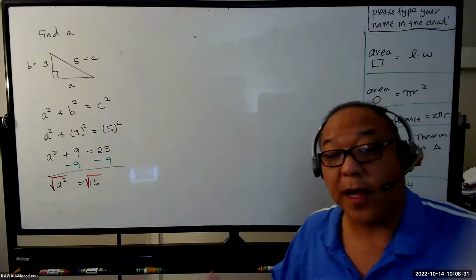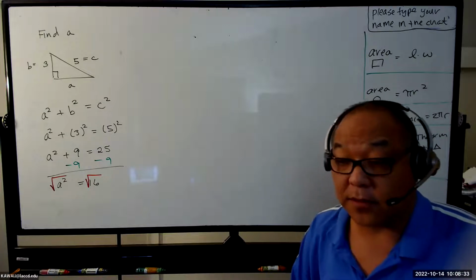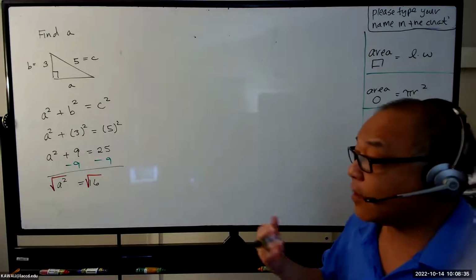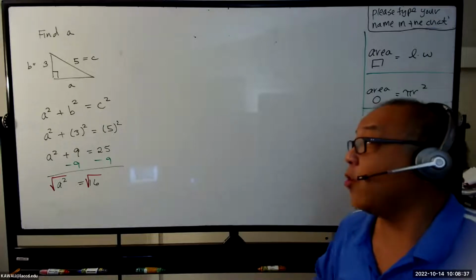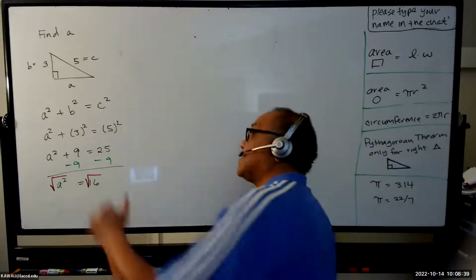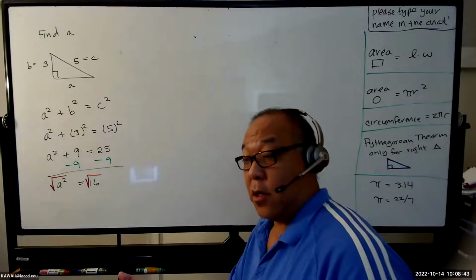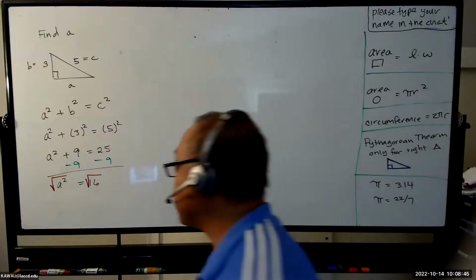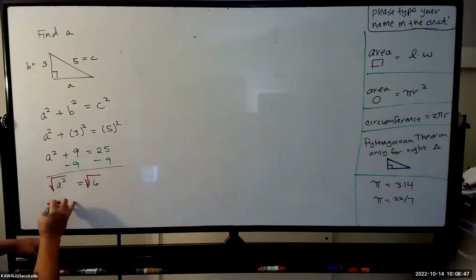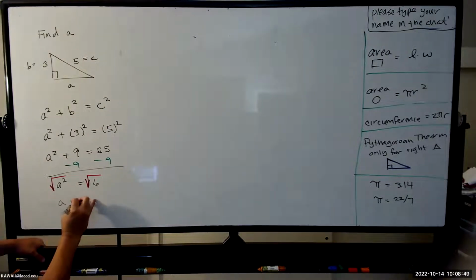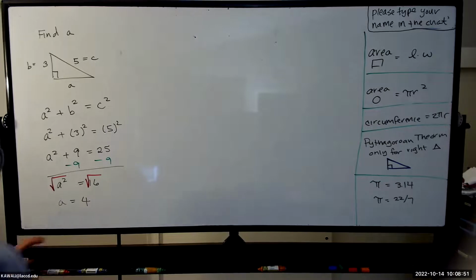You would say 2 miles. You would not say -2 miles. So whenever we're talking about a distance, it's always positive. So if I asked you, how long is this line here? You would say 4 inches. You wouldn't say -4 inches. So now we have a is equal to 4, right? Just positive.